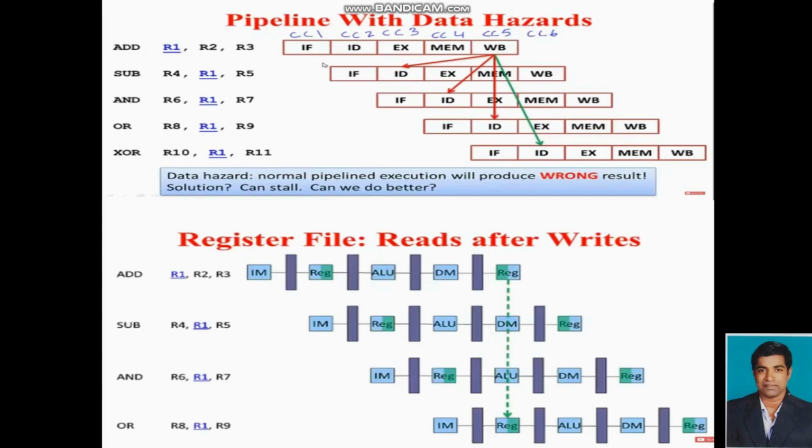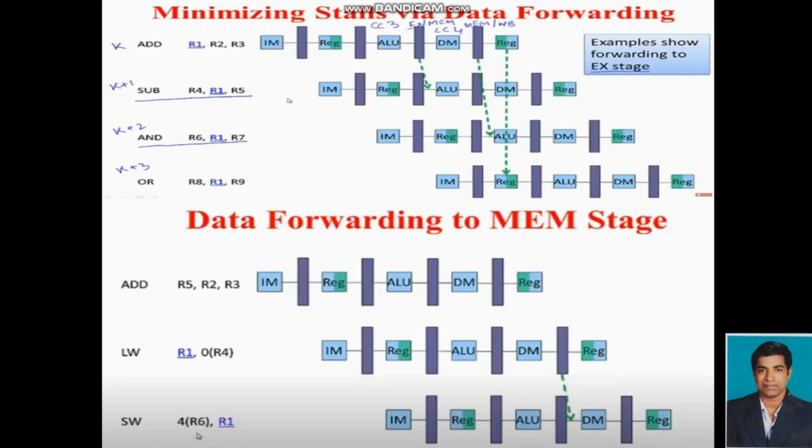So two instructions will get executed without any problem, whereas the subtraction and AND instructions alone will produce randomly generated output.